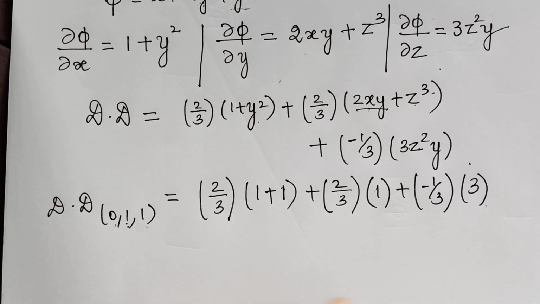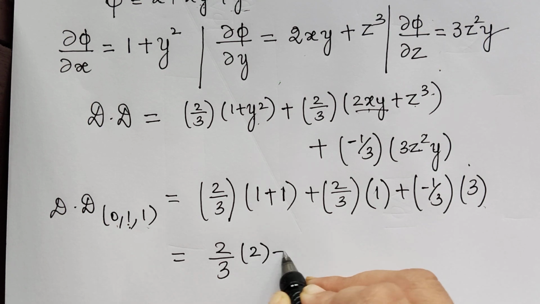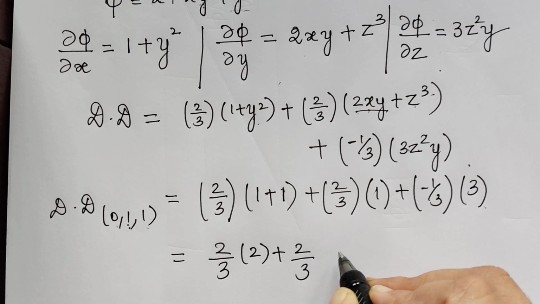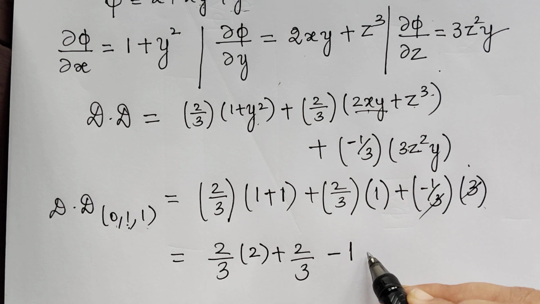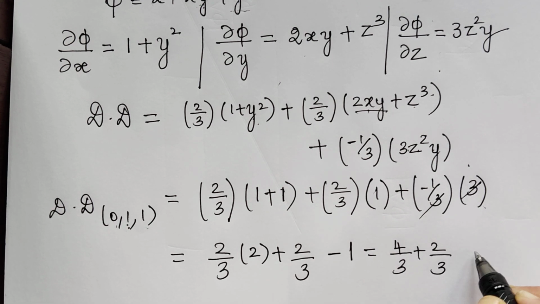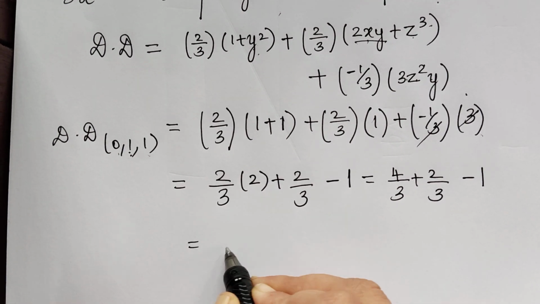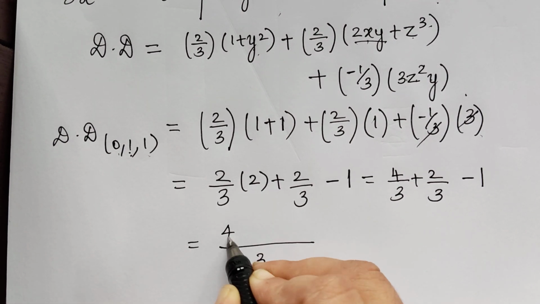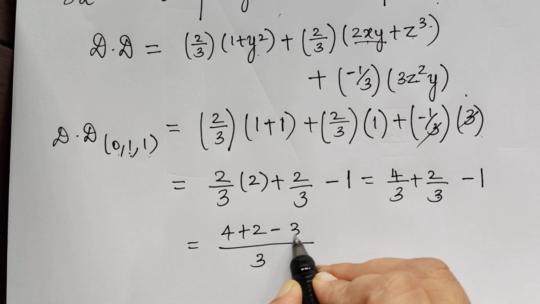So finally this will be equal to 2 by 3 into 2, plus 2 by 3, and minus this 3, where 3 and 3 get cancelled and it will be minus 1. And so further it is 4 by 3 plus 2 by 3 minus 1. And here the LCM is 3, and we will have 4 plus 2 plus negative, this 3 has to be multiplied with this 1, so negative 3.